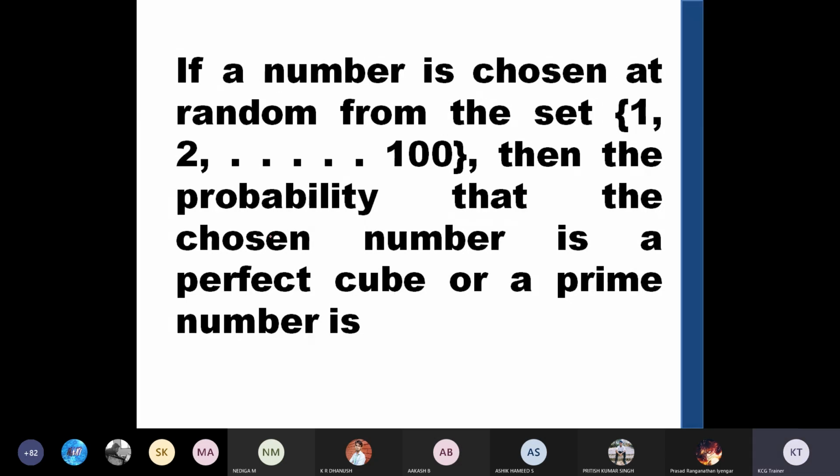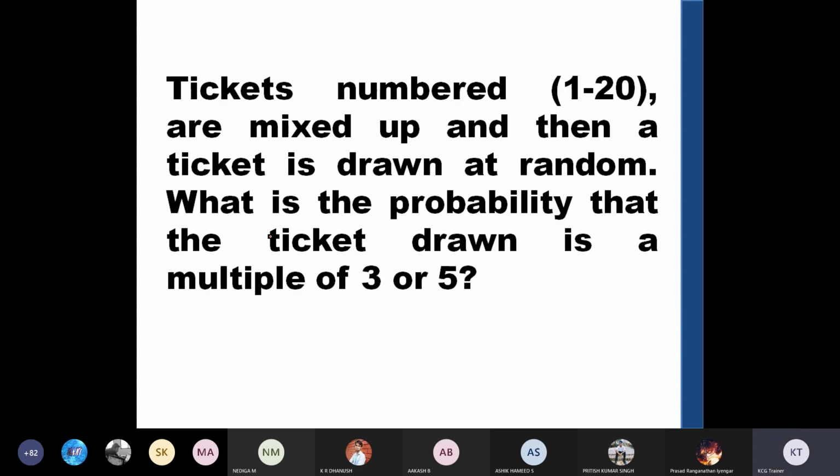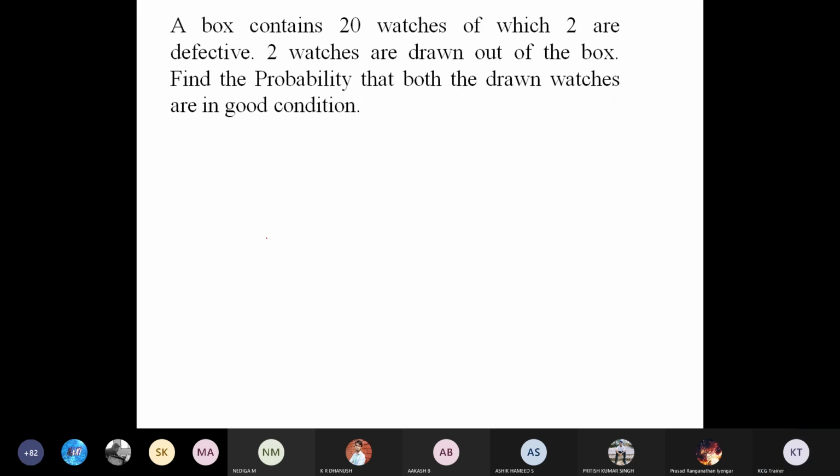Completed first question. Second question. Third.